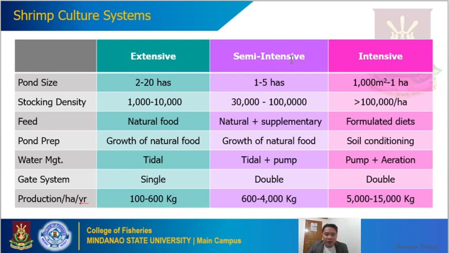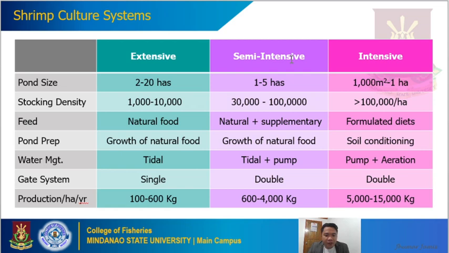Now, if we take a look at the gate system in this table, only the extensive aquaculture system will have a single gate system, while the semi-intensive and intensive aquaculture will have double gate systems.